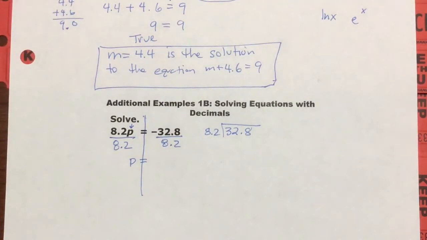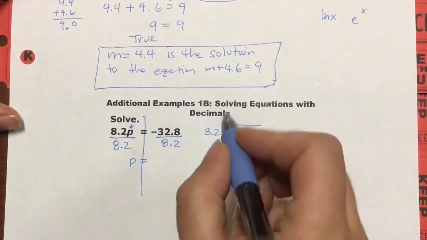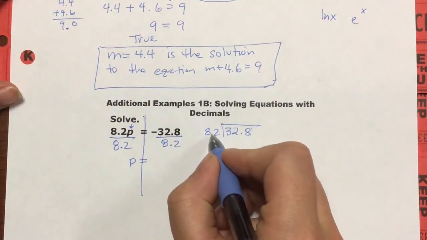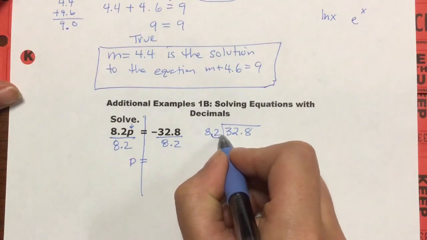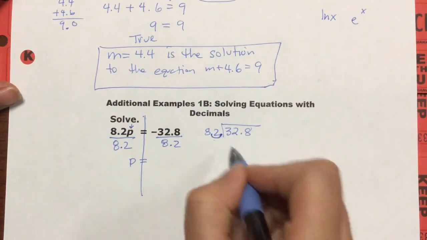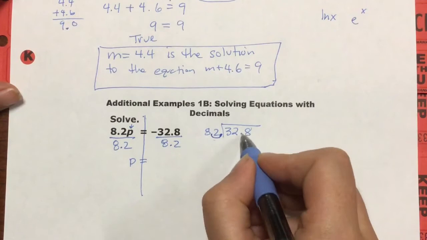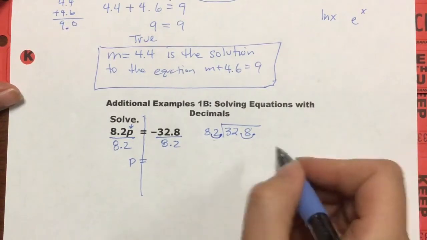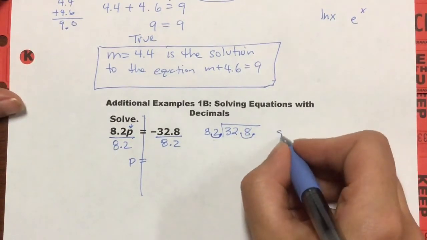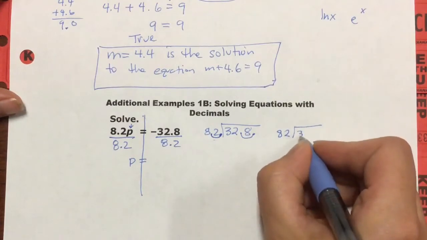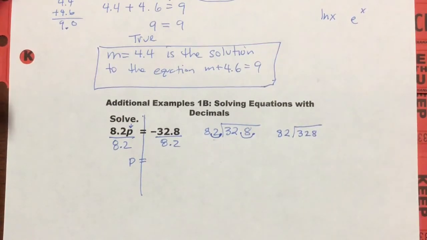And remember, the only thing you have to remember whenever you're dividing by decimals is that you can never divide by decimals. So we have to change this. We can't have a decimal. So we have to make this not a decimal by moving that decimal place to the right once, and whatever we do to this side, we have to do to this side. So now what we have is 328 divided by 82.